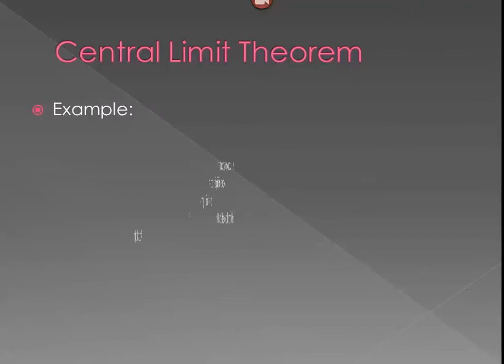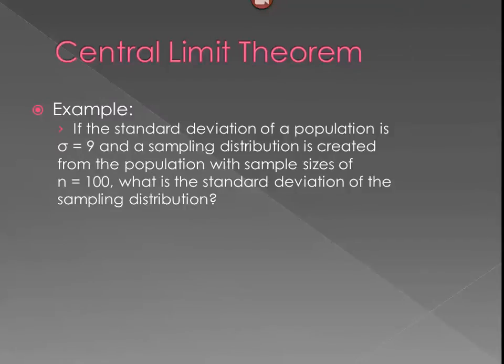So for example, if we had a population standard deviation equal to 9, and then we create a sampling distribution from that population with samples of size 100, what would be the standard deviation of that table of values?